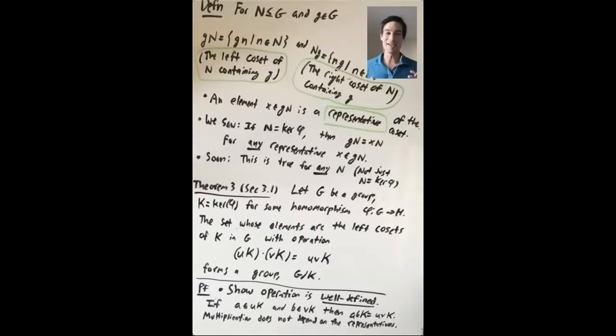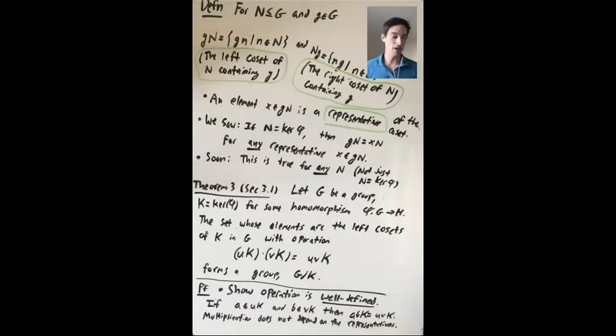The big thing going on in this proof is that this operation has to make sense, that it's well defined. We took one coset multiplied by another coset, and that told us what coset we should get on the right: uK times vK is uvK. But if we had picked different representatives of these cosets, we still better get the same coset on the right.